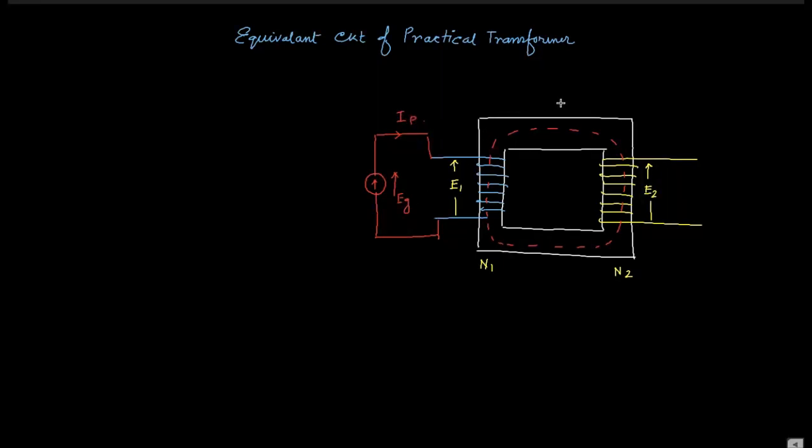When we apply some voltage to a coil and current is passed through it, some voltage is induced inside the coil, that is E1, and this E1 is due to the self inductance.